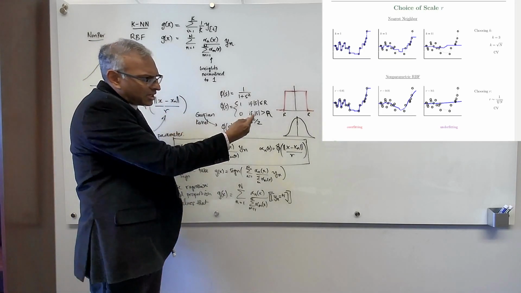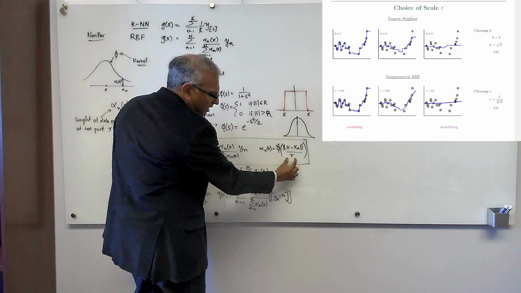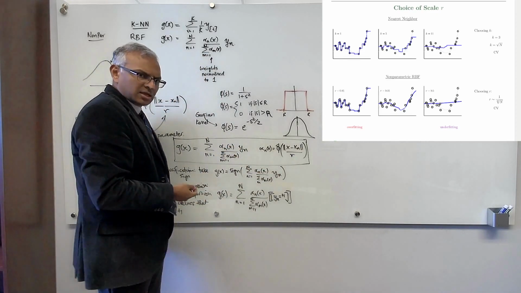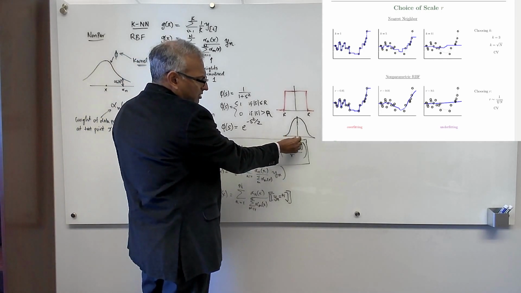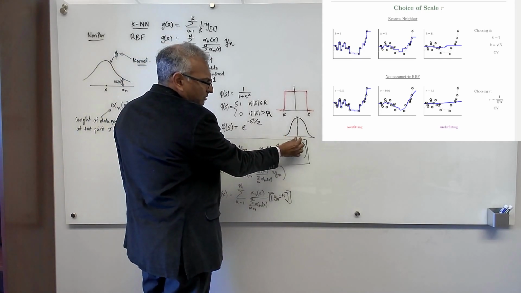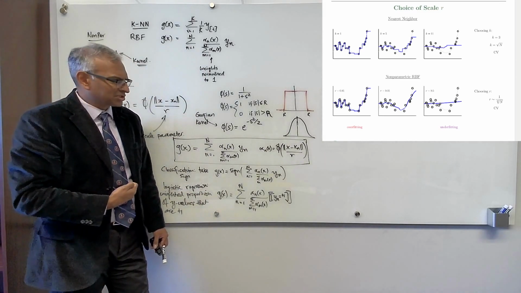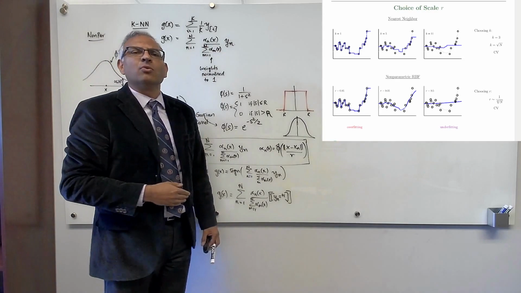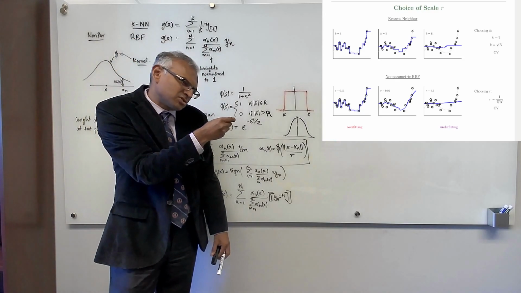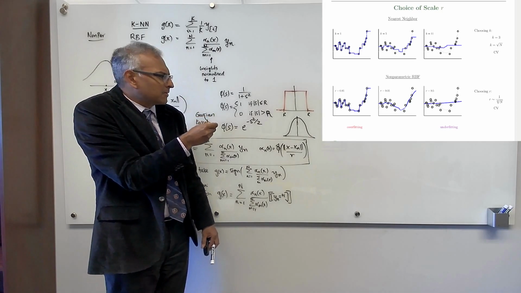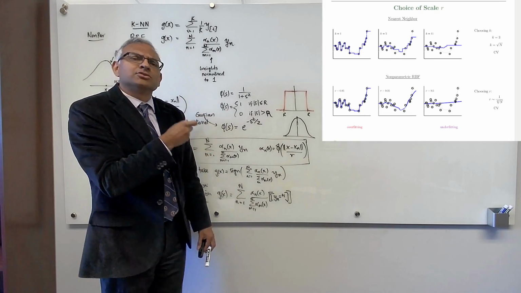When r equals 0.01, basically for this Gaussian kernel, only points that are very close to me will contribute to my prediction. It's very similar to the one nearest neighbor. Basically, you're just capturing the y value of your nearest neighbor. That's the overfitting regime, r too small.